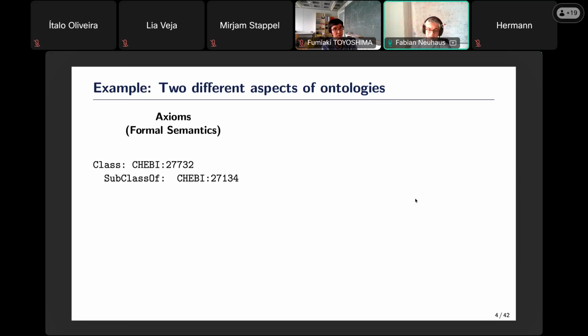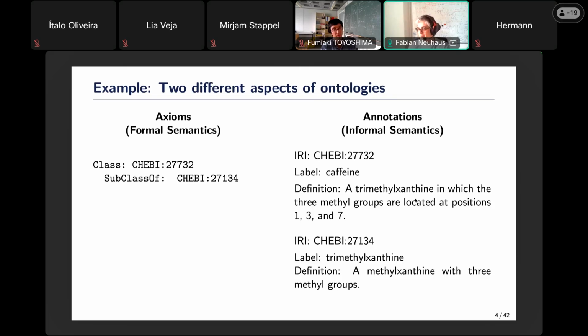Sometimes people consider ontologies as logical theories, but this simple example illustrates that that's only half of the information, because this is not really helpful unless you have the second part of the ontology, which are the annotations, which provide us the informal semantics. The annotations here say the first class is caffeine, and then we get a definition of what that is chemically.